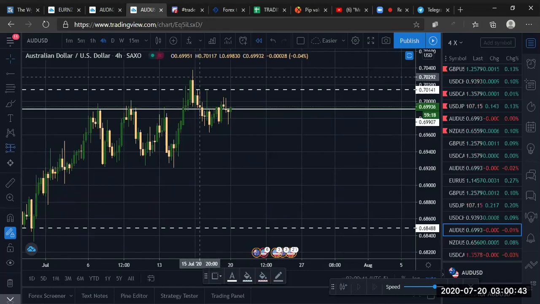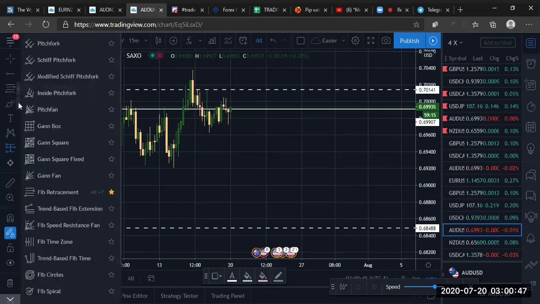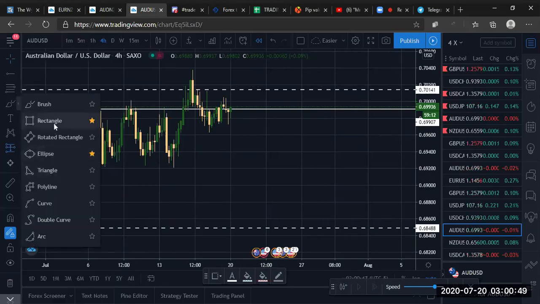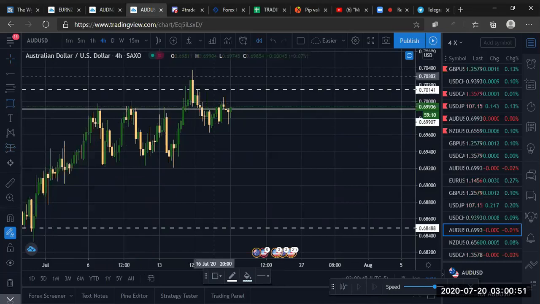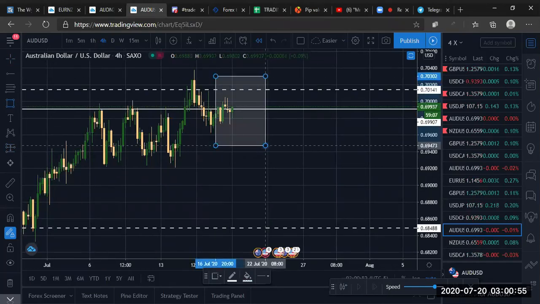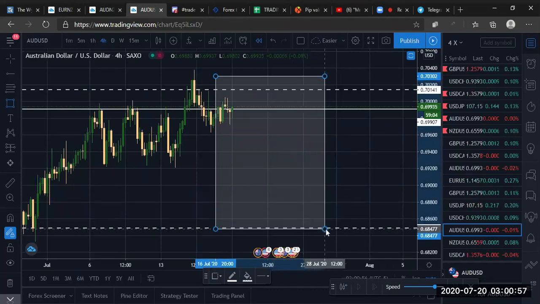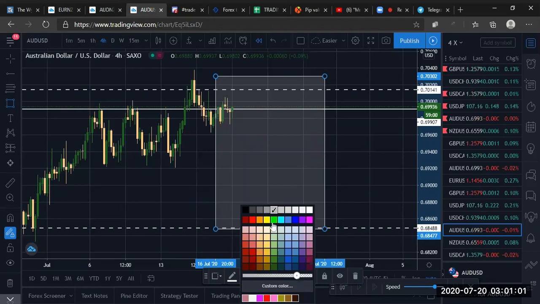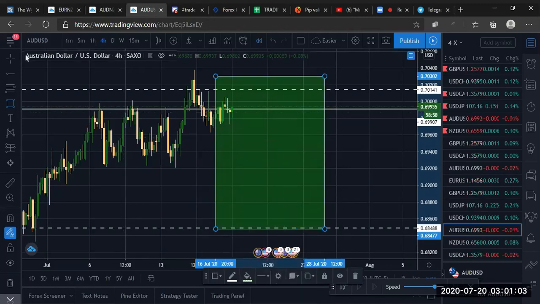So I'm actually gonna draw a box. I'm gonna make this a green box. 70.30.02. This was about it. So this whole little area right here, I'm gonna mark this as green, assuming this is the green box from the risk to reward box.